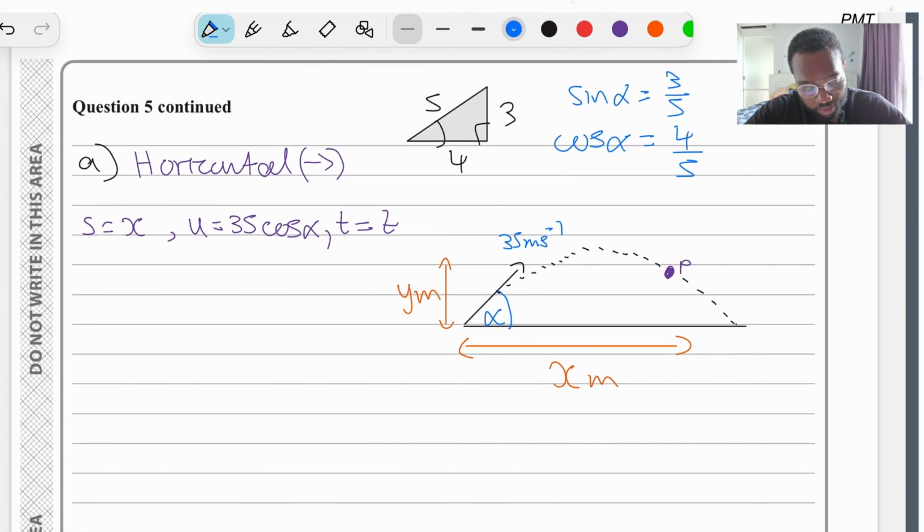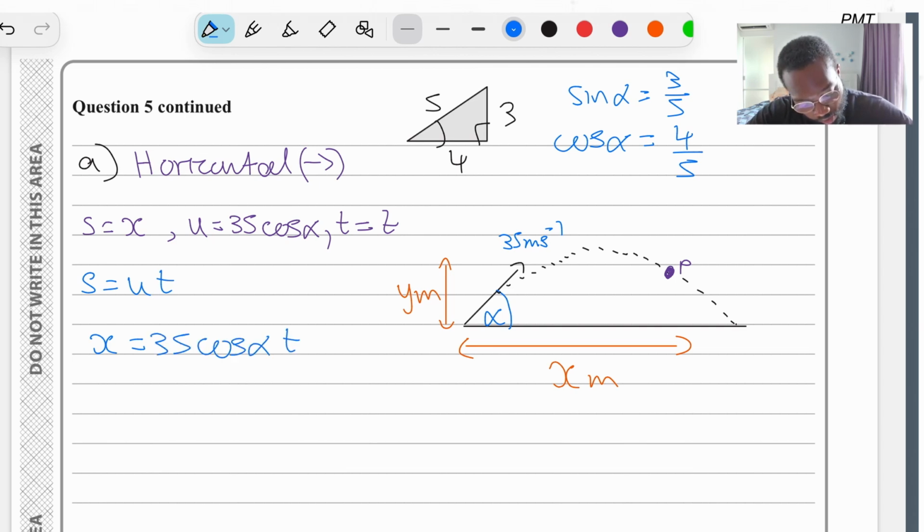So if we work out this value now, we know that in the horizontal motion, where it's constant velocity, s is equal to ut. Therefore, in our case, x is equal to 35 cosine alpha times t.